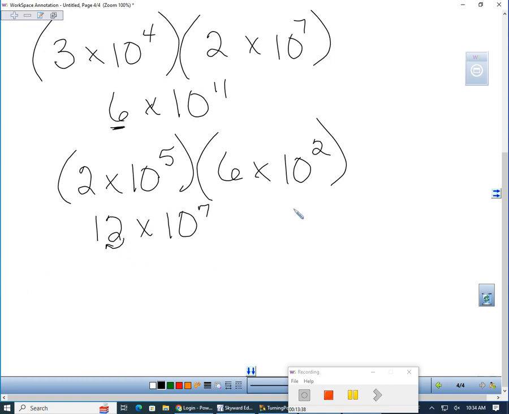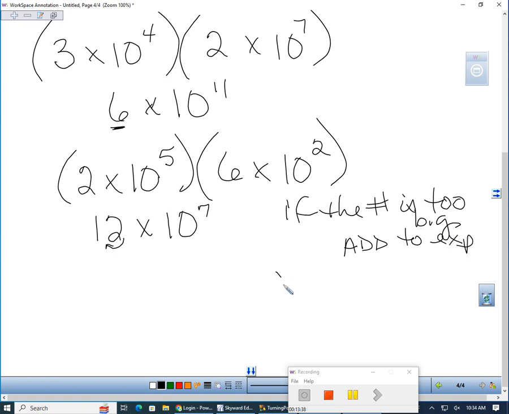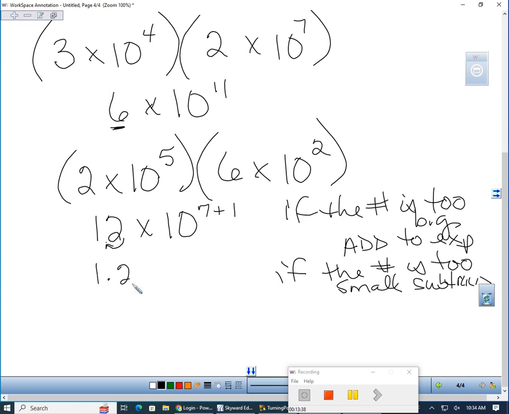If the number is too big, add to the exponent, and if the number is too small, subtract. That's the math way of doing it. So in this case, we have to move it over once because it's too big. We're going to add 1 to my exponent. So this becomes 1.2 times 10 to the 8th.